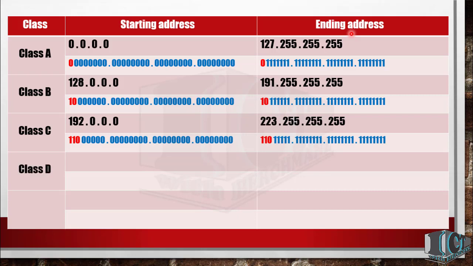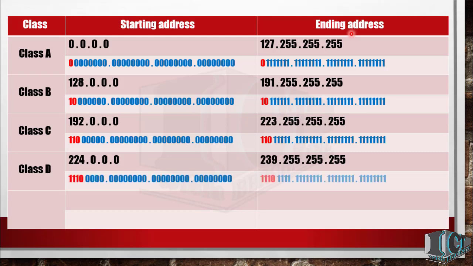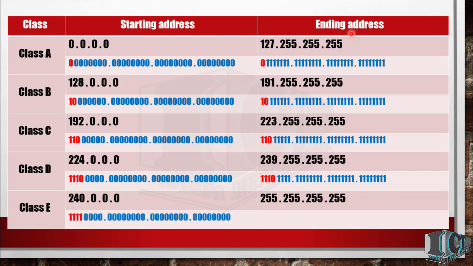Class D, 224.0.0.0 to 239.255.255.255, and the binary notations would look like this. And class E, 240 to 255.255.255.255, that would be the last address that you can find in IP version 4, and the binary notations would look like this.